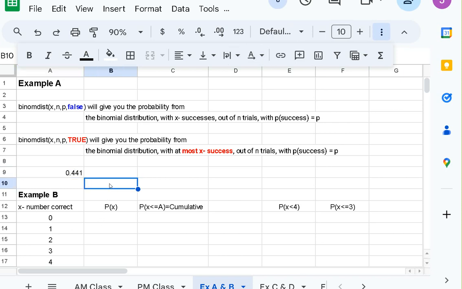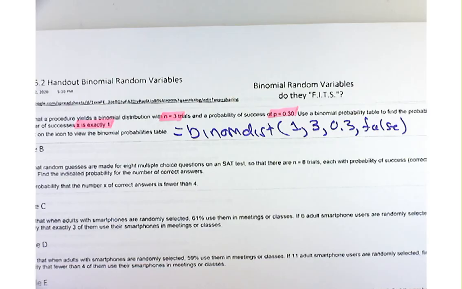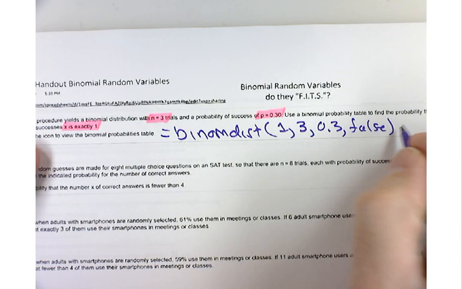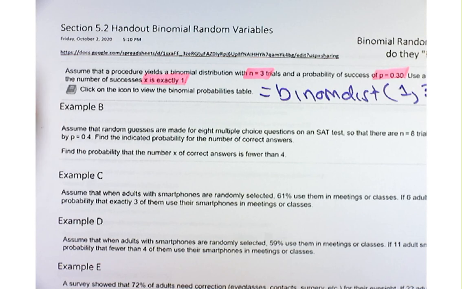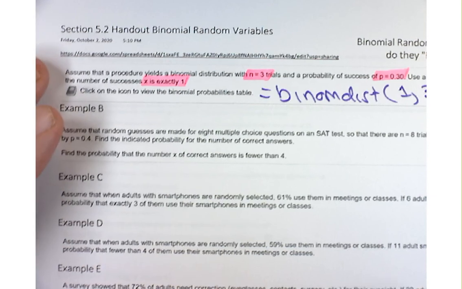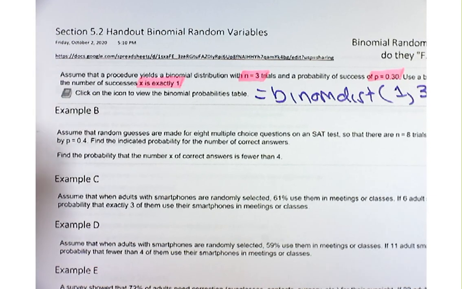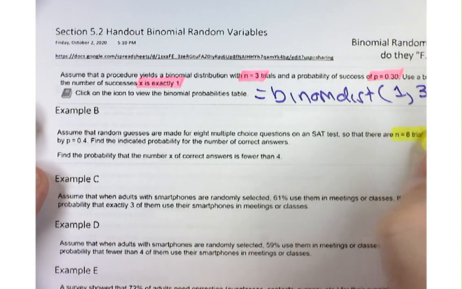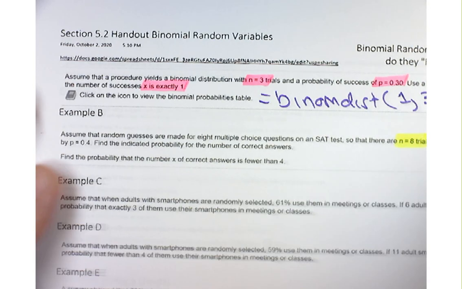Let's try this in a little more extended version. So this one was 0.441. Assume that random guesses are made for 8 multiple choice questions on an SAT test. So basically you've got n equals 8 trials, each with a probability of success of 0.4.